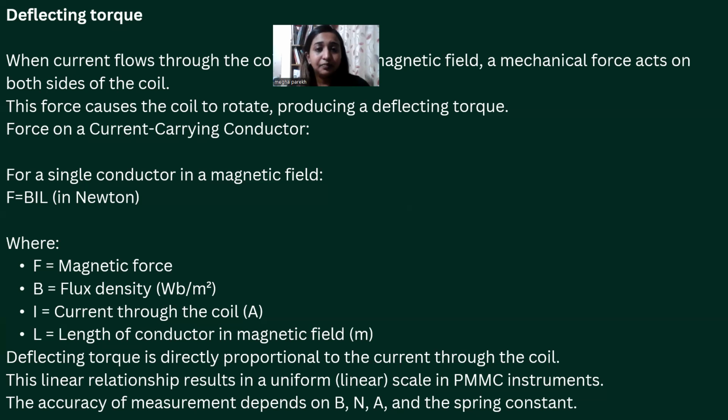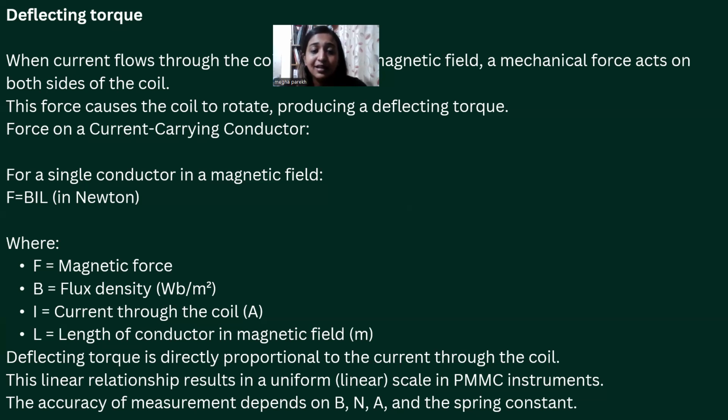So we can understand deflecting torque by F = BIL, where F is the magnetic force, B is the flux density, I is the current through the coil, and L is the length of the conductor in the magnetic field.